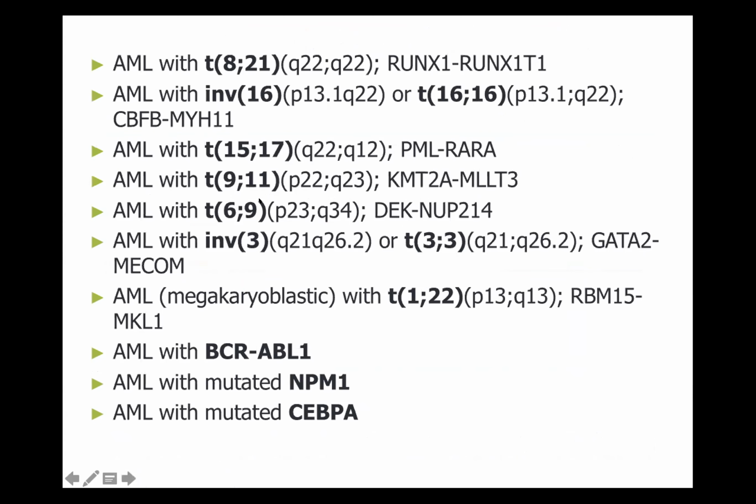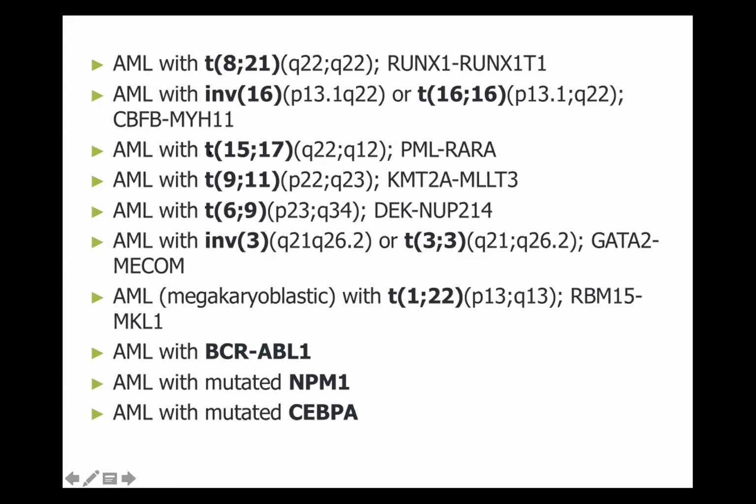So in this case, you have acute myeloid leukemia, and then you send for cytogenetics, and you have a known translocation that is associated with acute myeloid leukemia. There are many types, but here you have to know the translocation and what it causes, like the fusion of the genes or the mutations that occur. So for example, translocation 8;21 is a RUNX1-RUNX1T1 fusion, and then there's also inversion 16 or translocation 16;16.